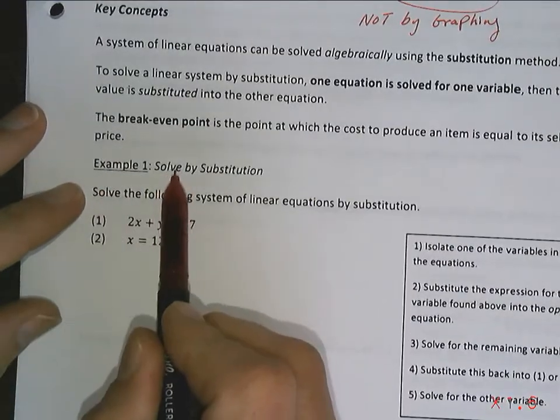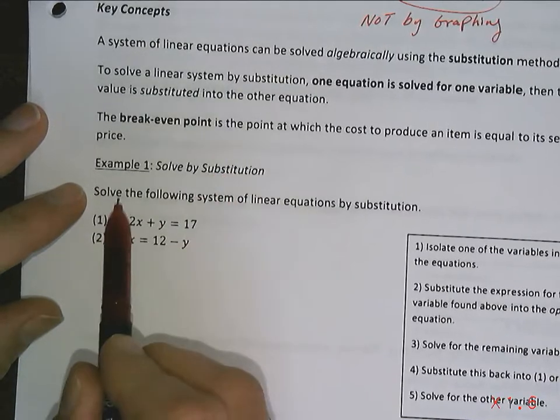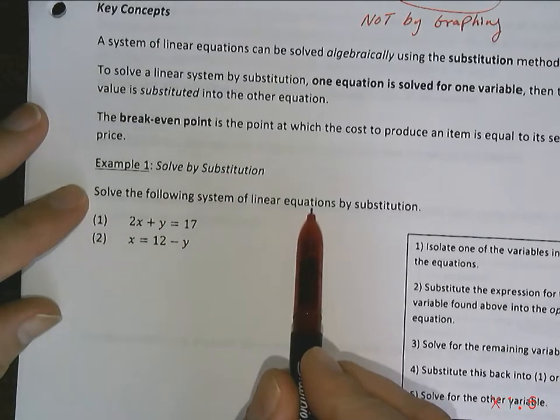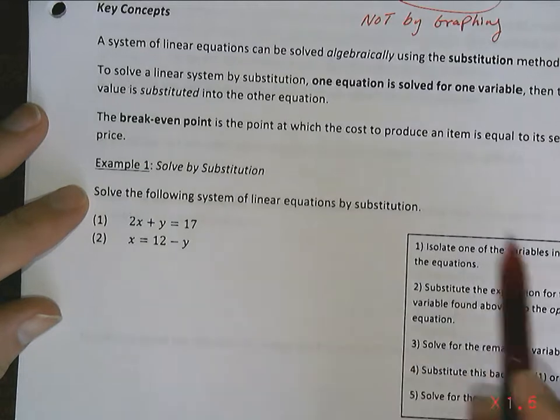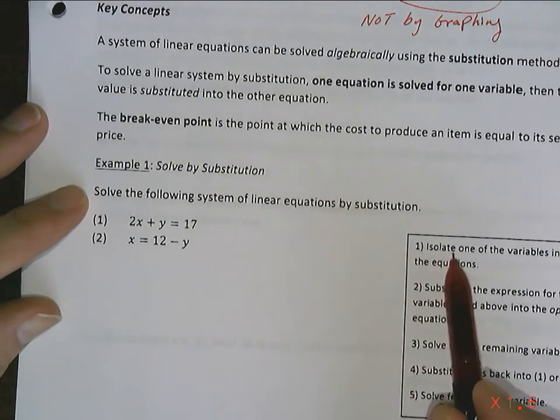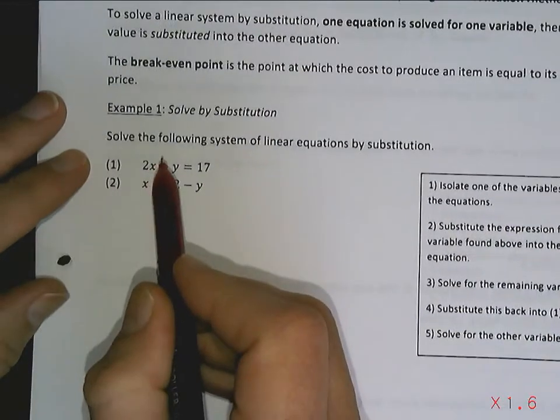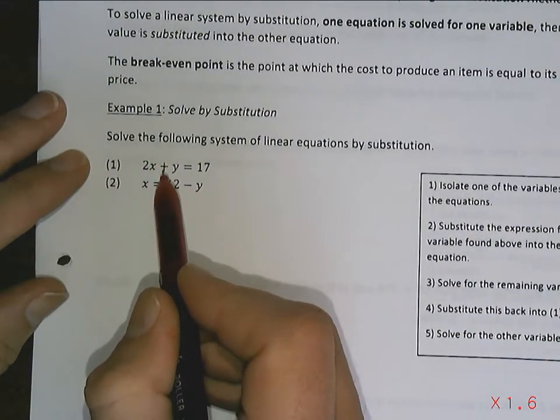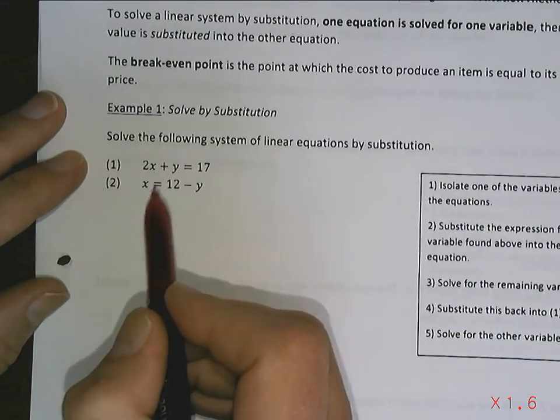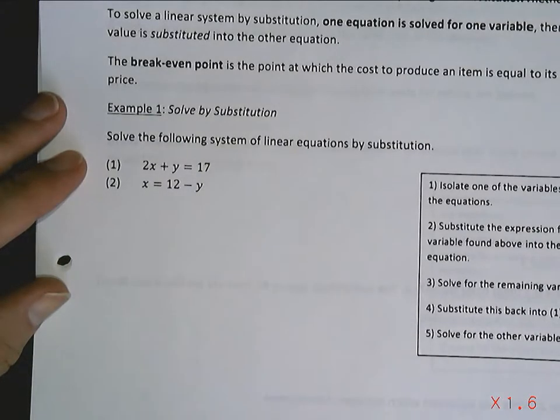Example 1, solve by substitution. Solve the following system of linear equations by substitution. Step 1, isolate one of the variables in one of the equations. So the first thing you do is you look at both equations. I'm calling this equation 1, I'm calling this equation 2, and if it's not already done for you, get one of the variables isolated all by itself.